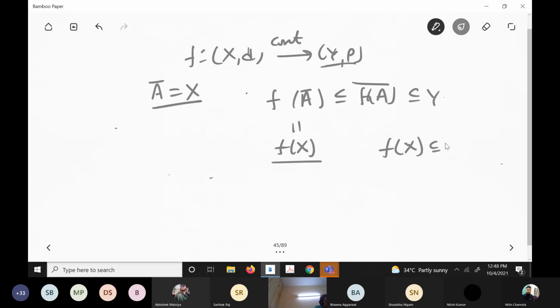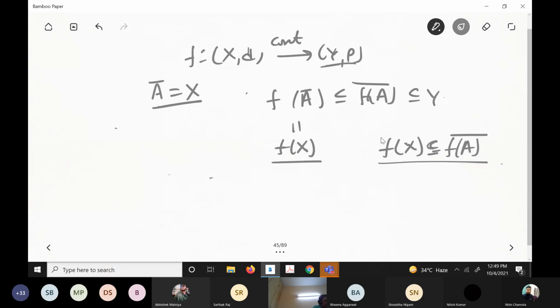A bar equal to X, then Fx equals this. So what does it mean?